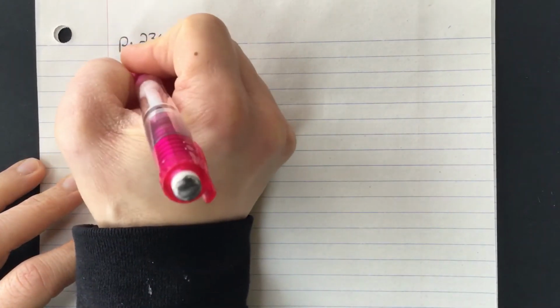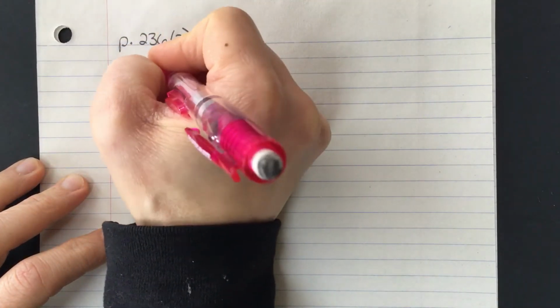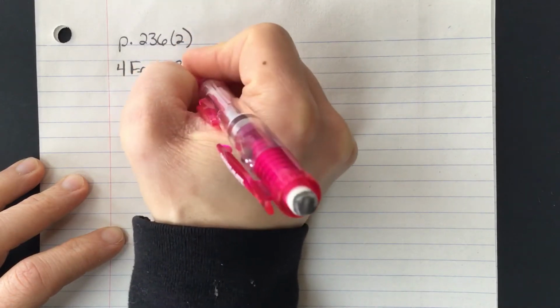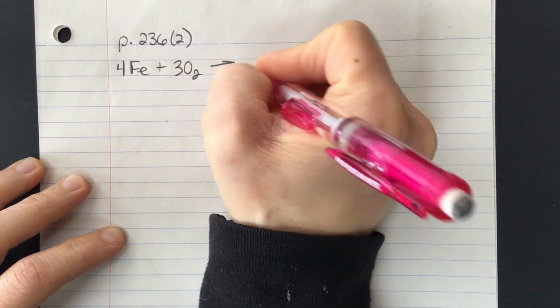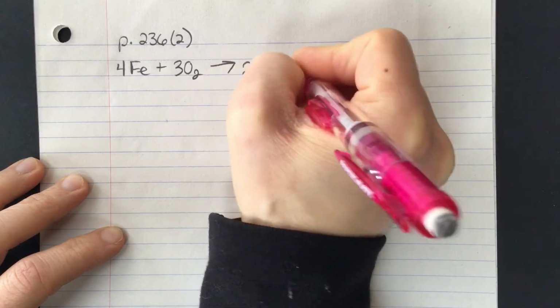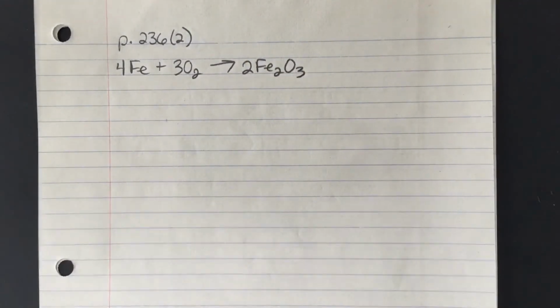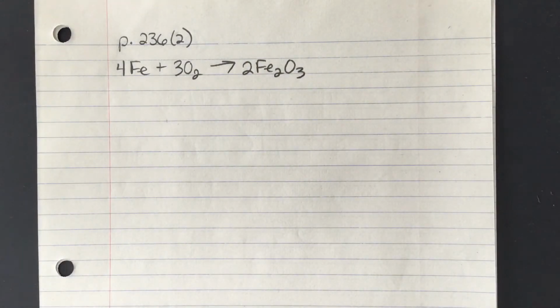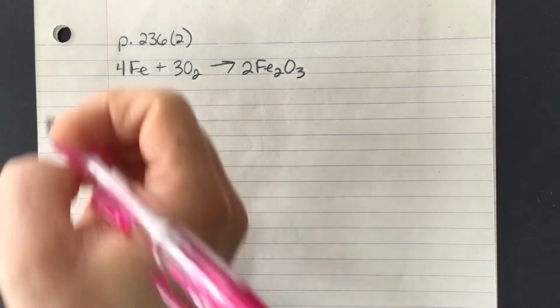So problem 2 says, in regard to the reaction introduced in question number 1, and that reaction is 4 moles of iron will react with 3 moles of oxygen to give 2 moles of iron oxide. So that is our reaction. If 200 grams of iron react fully with oxygen, what is the theoretical yield of iron oxide?